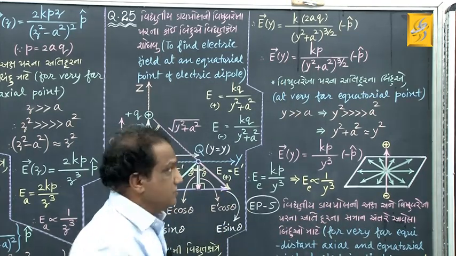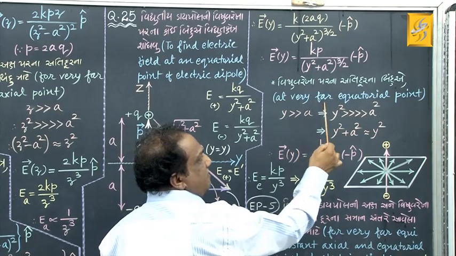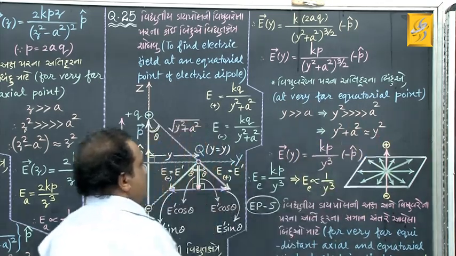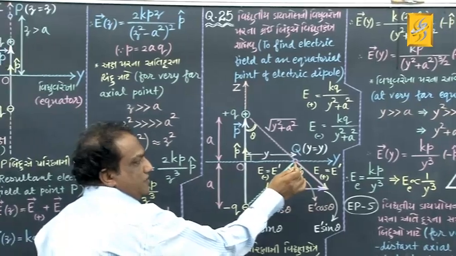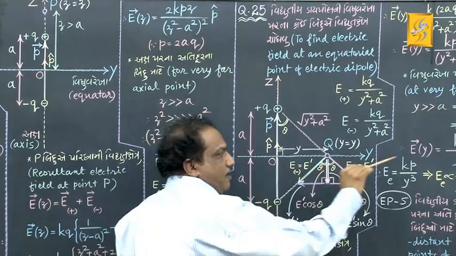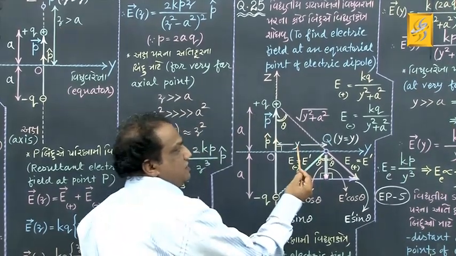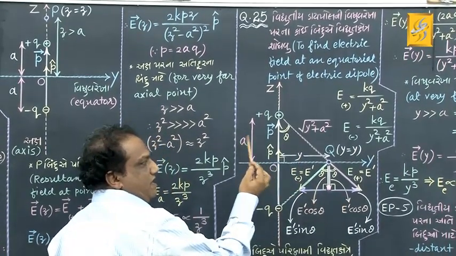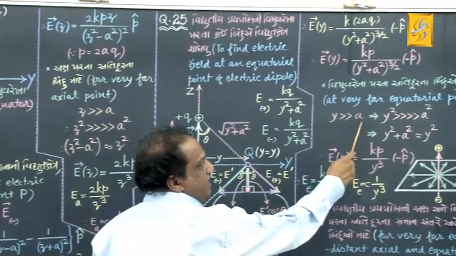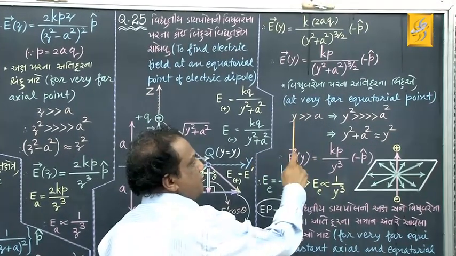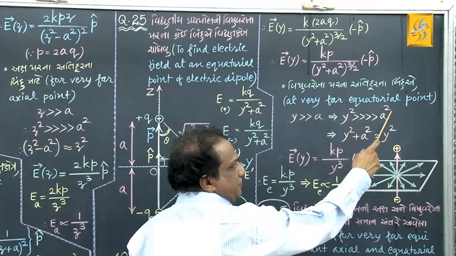What is that special case? At a very far equatorial point, instead of taking point Q over here, you may take it very far. If you take it very far on the equatorial line, then this distance y would be very much greater than a. If y is very much greater than a, then y square will be very much greater than a square.